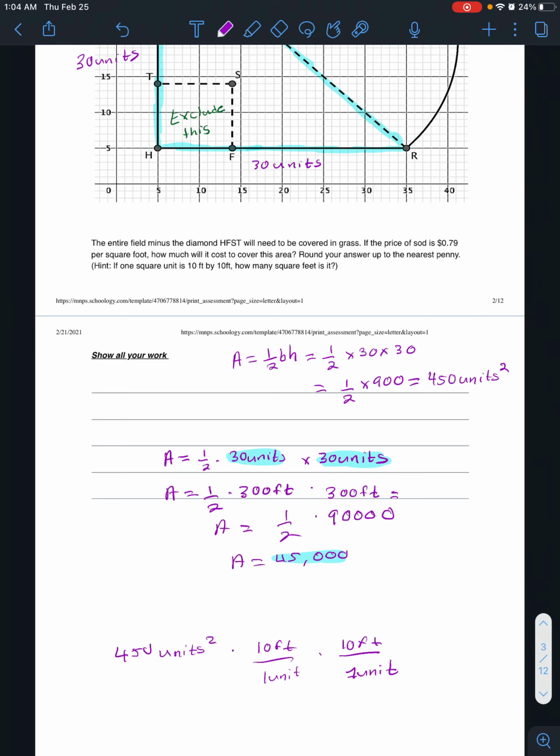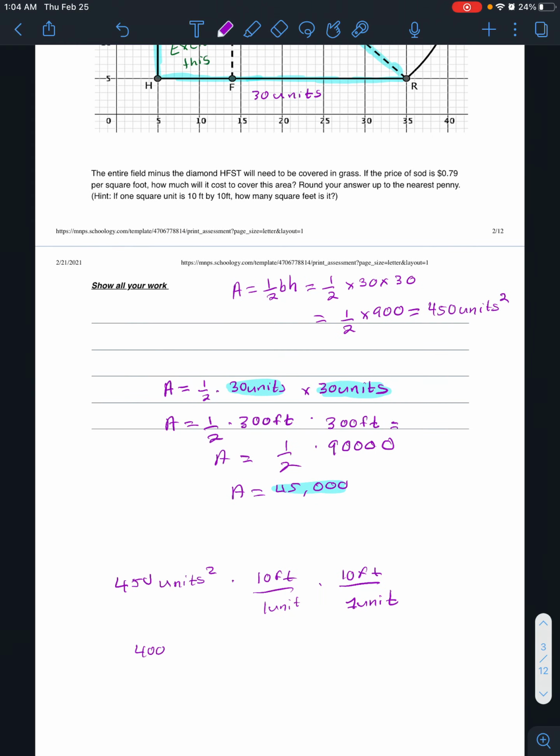And as you can see now on the bottom, you will get 100 square feet over 1 square unit. And this will cross out, and you would get the correct answer that we got earlier.